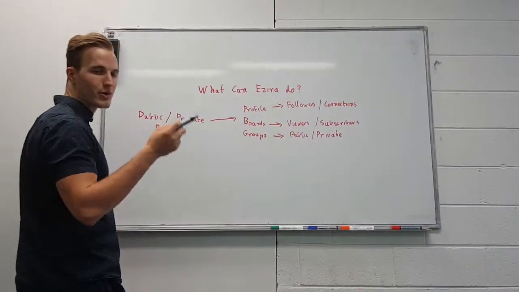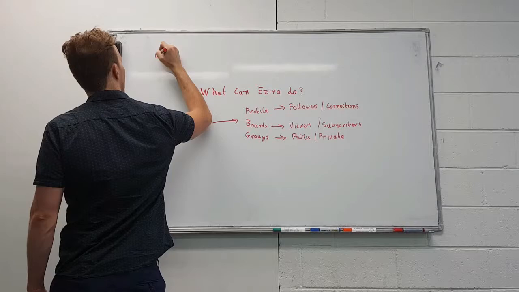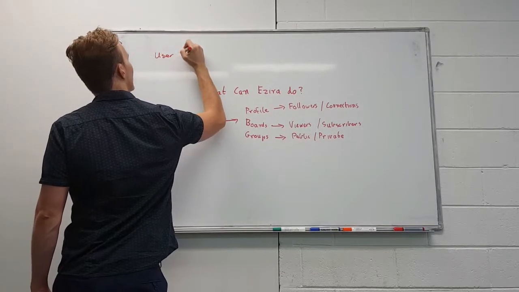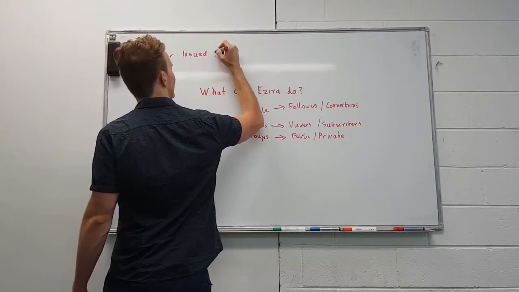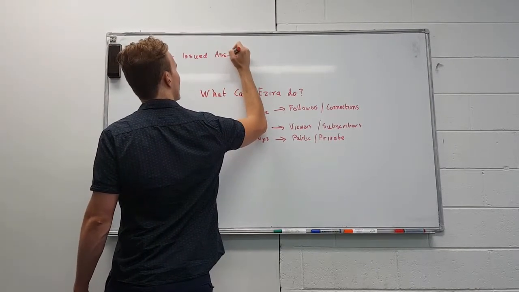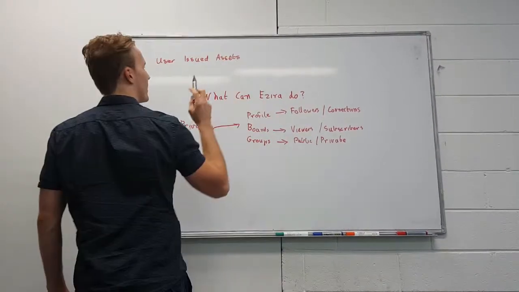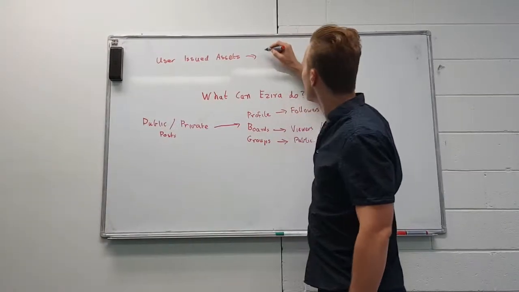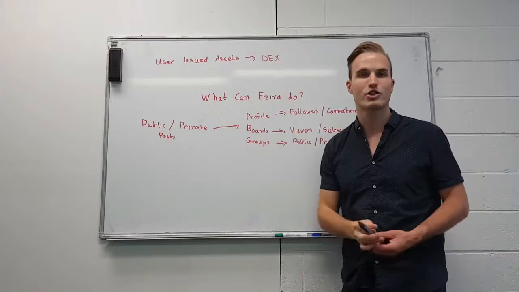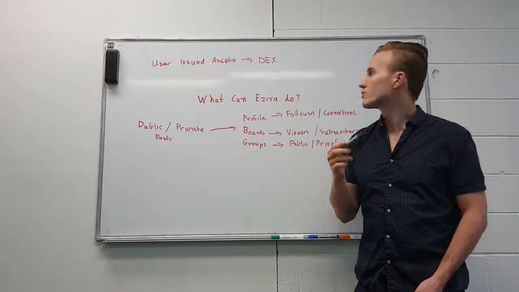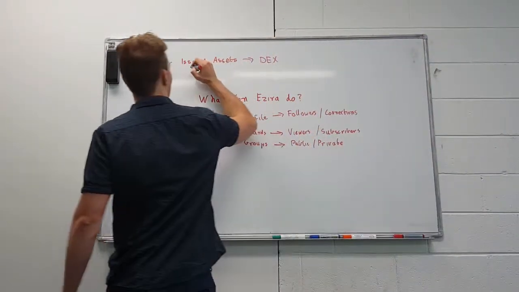Ezira also enables you to create user-issued assets for trading on the decentralized exchange. User-issued assets get traded on the DEX, or decentralized exchange, and they enable you to represent anything of value.